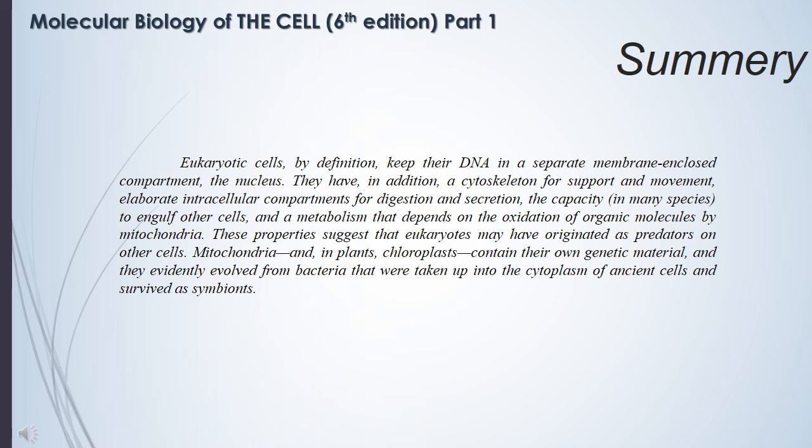As we saw, they can engulf other cells, metabolize them. So eukaryotes may have originated as predatory cells that fed on other cells. And it is a simple truth that mitochondria and chloroplasts have their own DNA, and they may have been taken up by these predatory cells sometime in the past, after which the mitochondria and chloroplasts were able to avoid destruction and remained in the cell as symbionts.